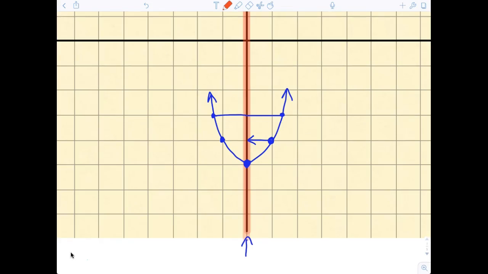Second, calc. Now that window's up, we're trying to find the minimum.